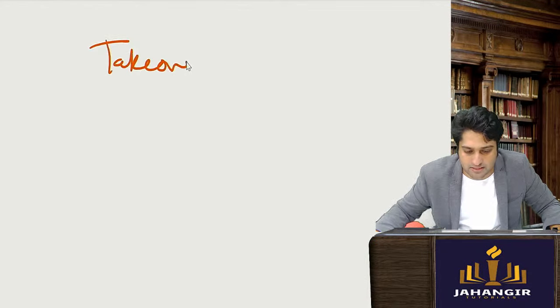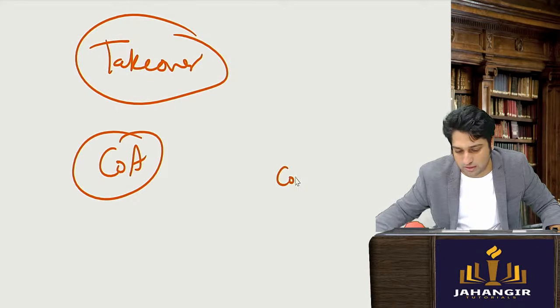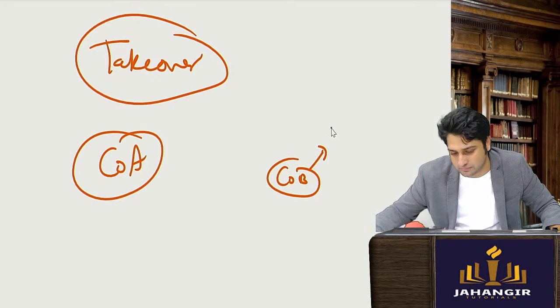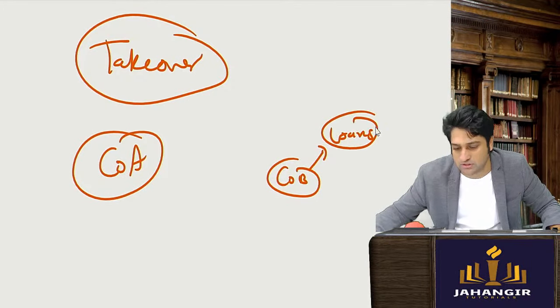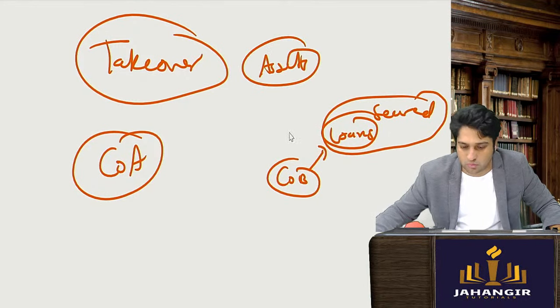Another example I will give you for the same topic. Let's say there is a takeover. Company A has taken over company B, and this company B had certain loans which were secured, etc. Now all these assets were there.